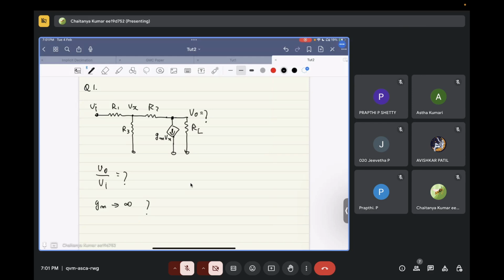Can you guys confirm what all control sources exist? How many types of control sources exist?